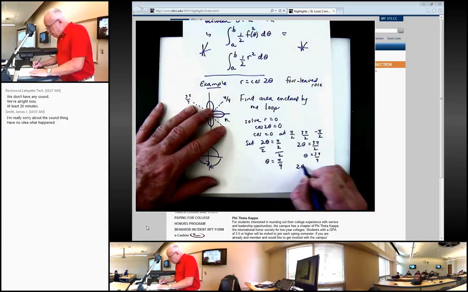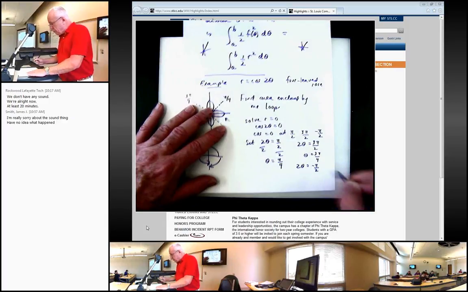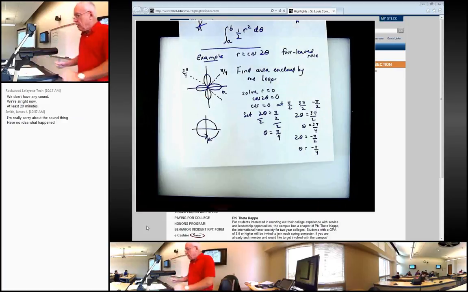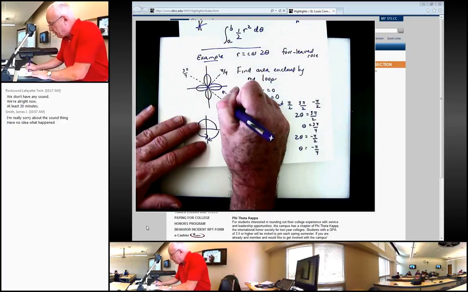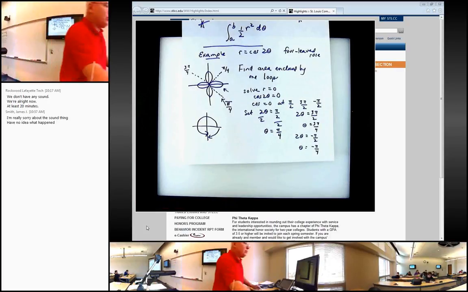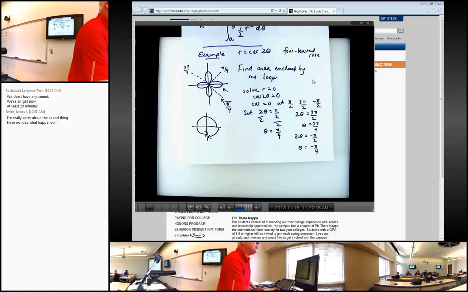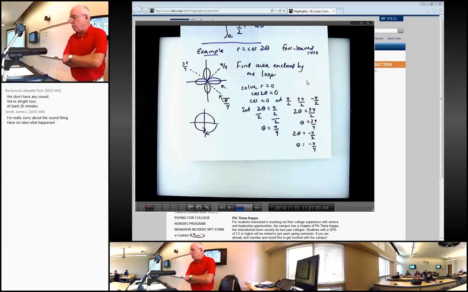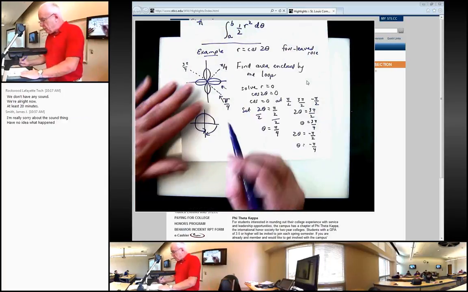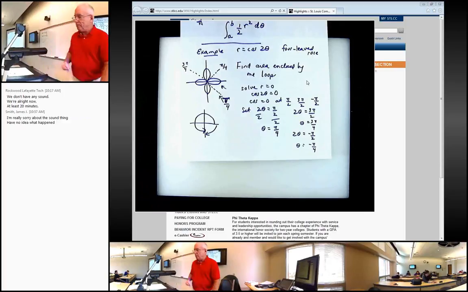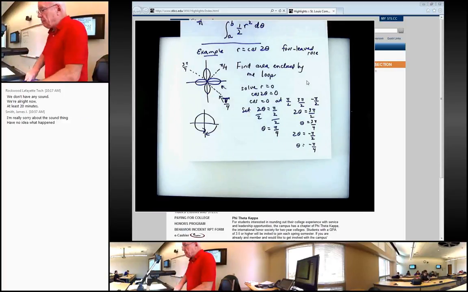If I set 2 theta equal to minus pi over 2 and divide by 2, I get negative pi over 4. So this angle right here is negative pi over 4. Basically, we can integrate this thing from negative pi over 4 to positive pi over 4. That's our limit of integration.